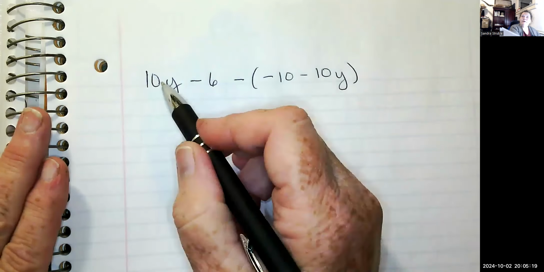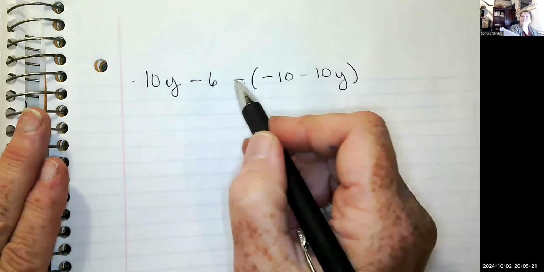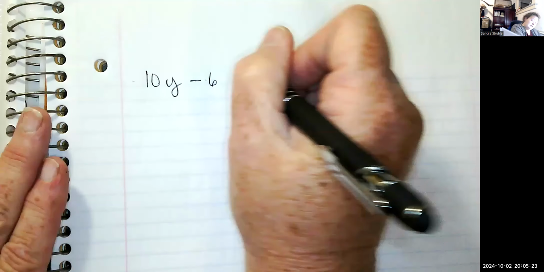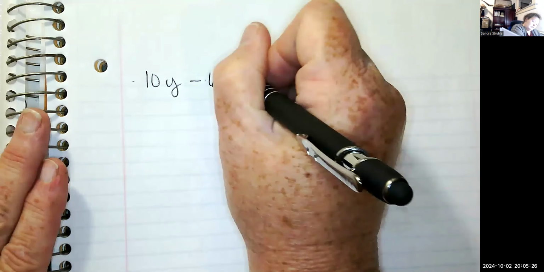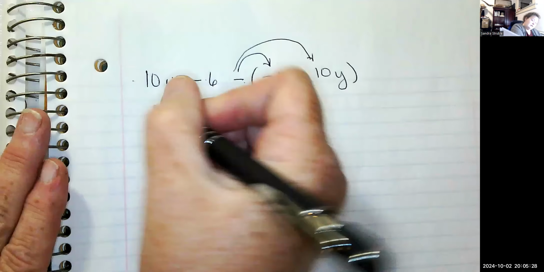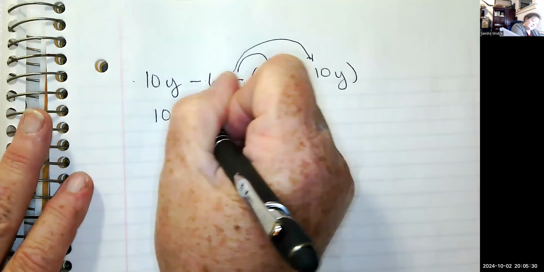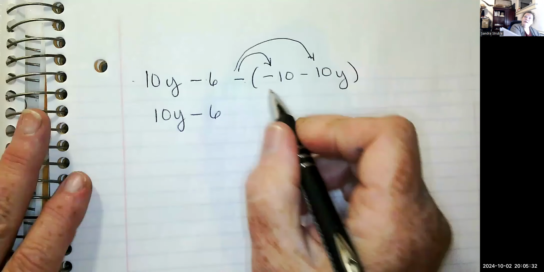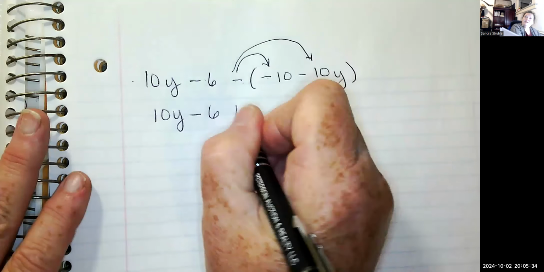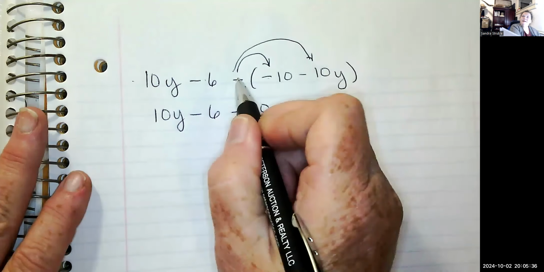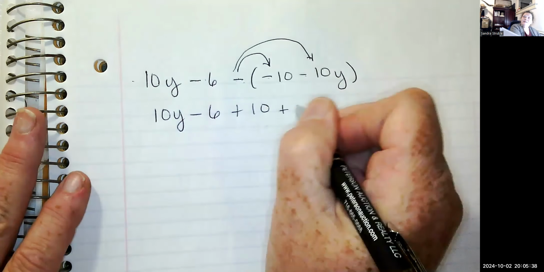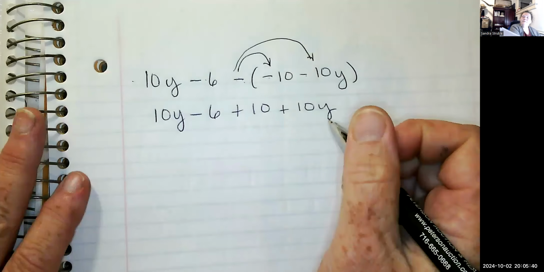So the next thing I'm going to look at is we've got subtraction, and this negative needs to be distributed over these two numbers. So 10y minus 6 is exactly what we have. Negative times a negative is a positive 10. Negative times a negative is a positive 10y.